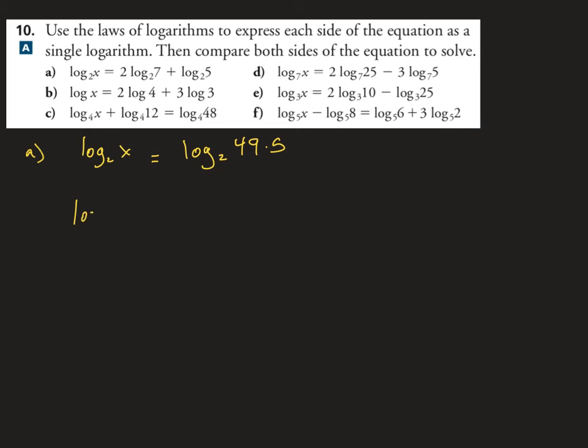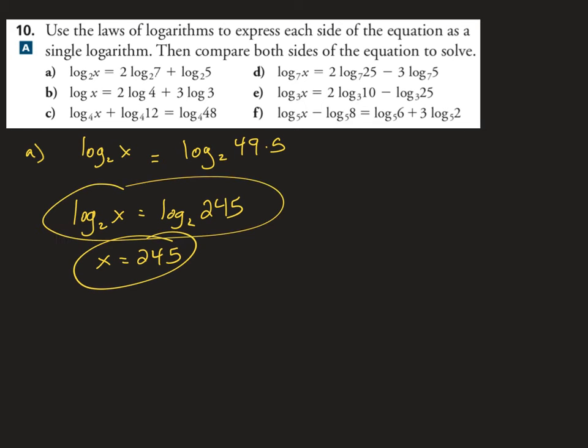So log base 2 of x equals the log base 2 of 49 times 5, which is 245, which means x just equals 245. For these two to be equal, obviously x has to be that. It's pretty easy.